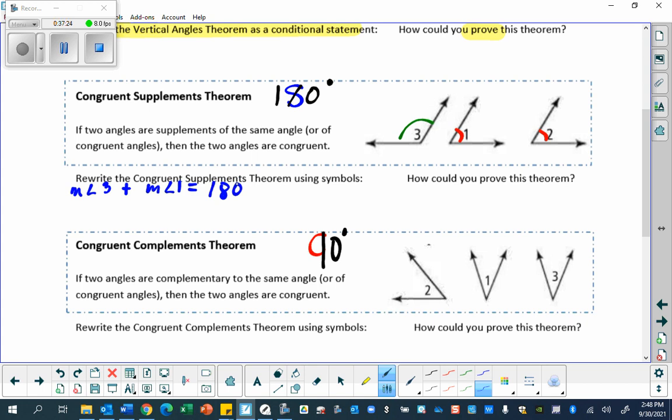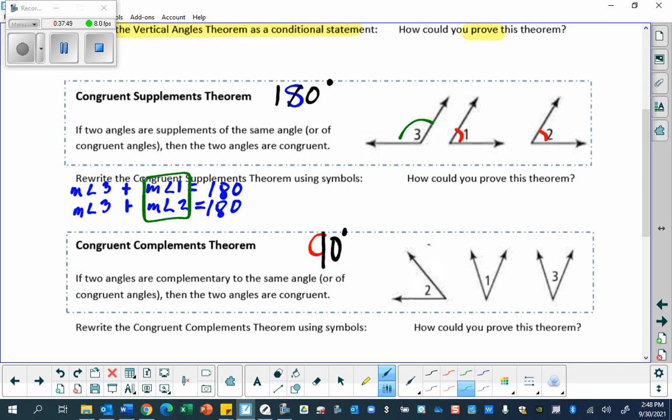Guess what? The measure of angle 3 plus the measure of angle 2 also adds up to 180 degrees. The congruent supplements theorem says if that's true, these two angles must have the same measure. Doesn't that just make sense?